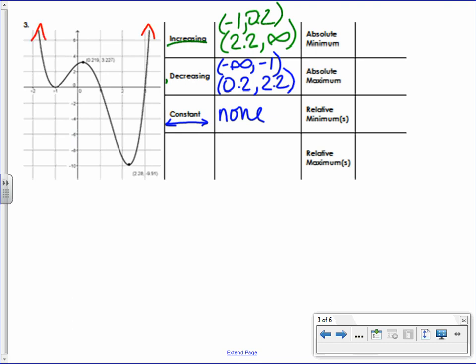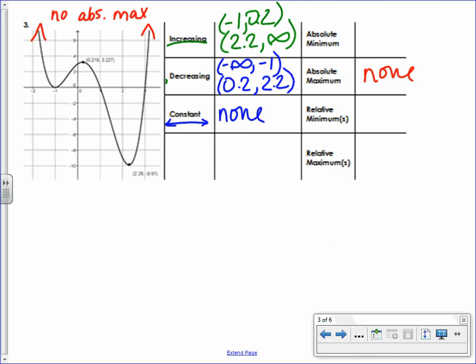So if I've got 2 arrows going up forever, I know that there is going to be no absolute max, because there is no spot where it's absolutely going to get as high as it can go. Okay, so I can go ahead and put none, because both of my arrows are pointing up.